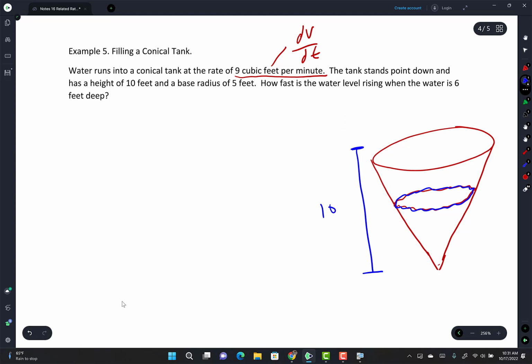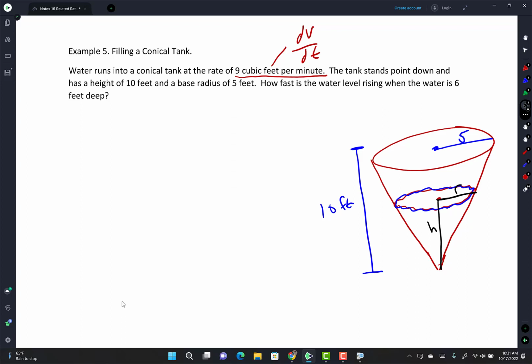It's not moving. That height is 10, and the radius over here is always 5. Now let's see. What do we got in here? From the center here, this distance is r. That is changing. And this distance is h. That is changing. Does everyone understand what I got right now, guys?